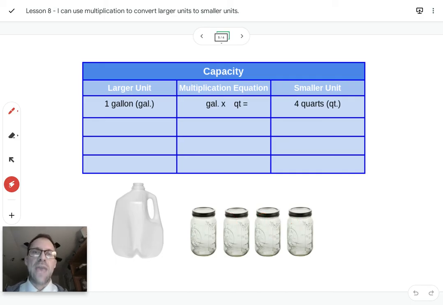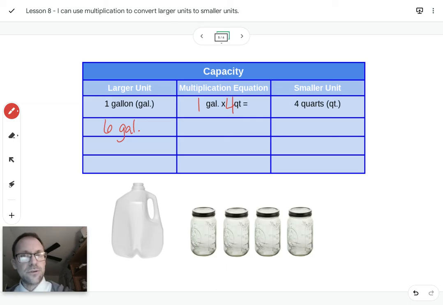All right, so we have that. We could multiply 1 gallon times 4 quarts, and we would get 4 quarts, of course. Now, what if we had more than that, though? What if we had 6 gallons? Could we use multiplication to convert to quarts? Well, quarts is a smaller unit than a gallon.